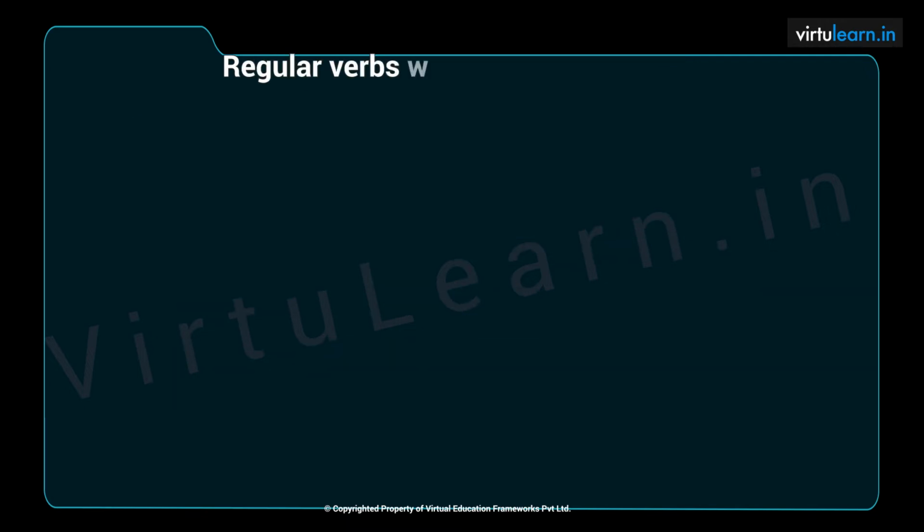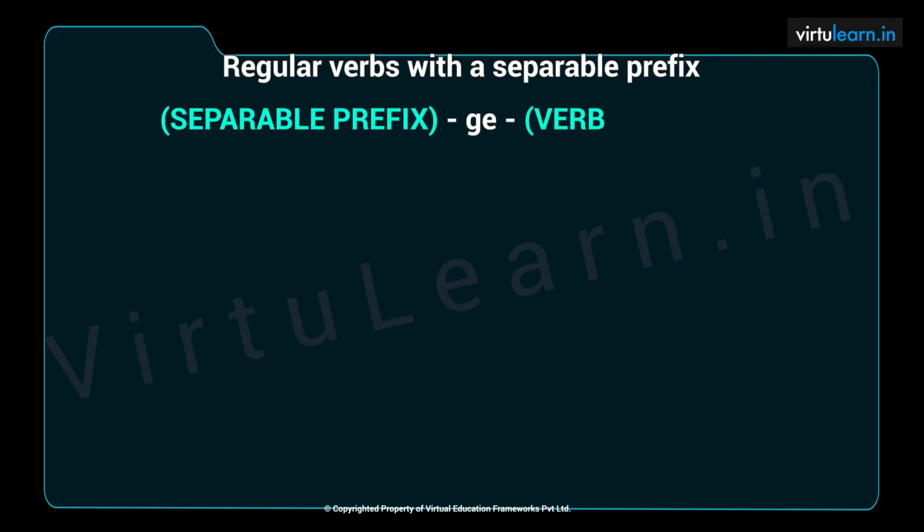Regular verbs with a separable prefix. You have learnt in detail about the separable verbs. Now, how does the perfect work for the separable verbs? For example, if you look at the separable verb einkaufen, ein is a separable prefix in position 1.